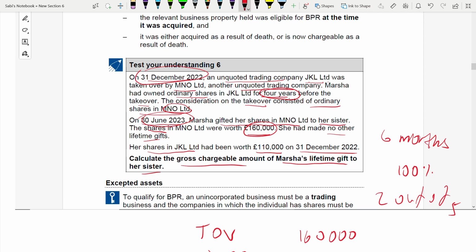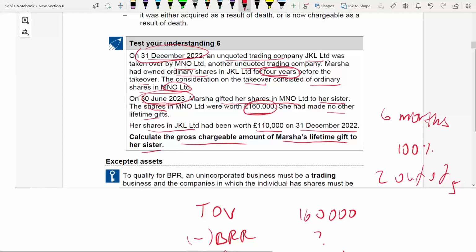So the amount of BPR will be restricted to what amount? See, the shares in JKL were 110,000. The shares in MNO are 160,000. The share that has been replaced. But BPR cannot exceed what would have been given on the original property. Whatever you are giving on the original property, the BPR cannot exceed that amount when we are replacing it.